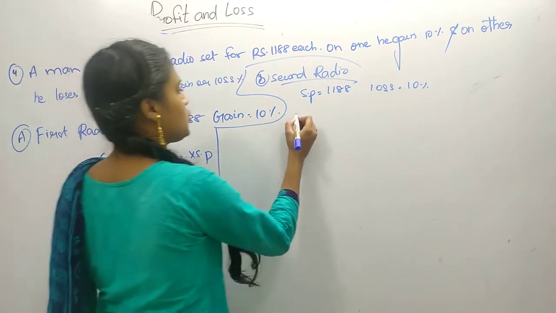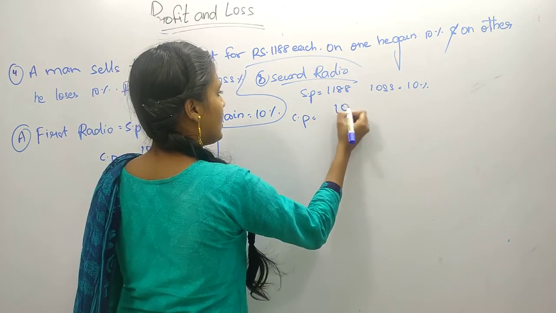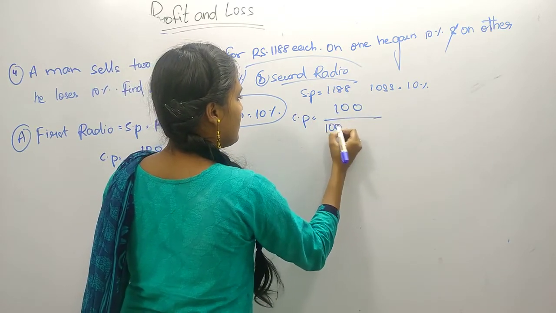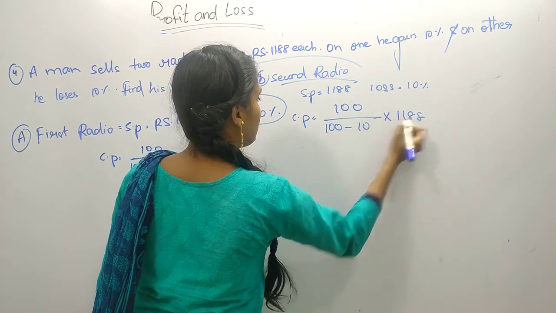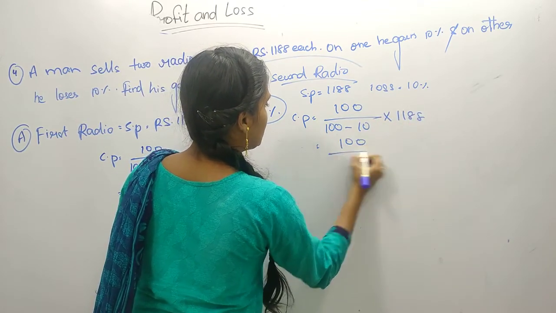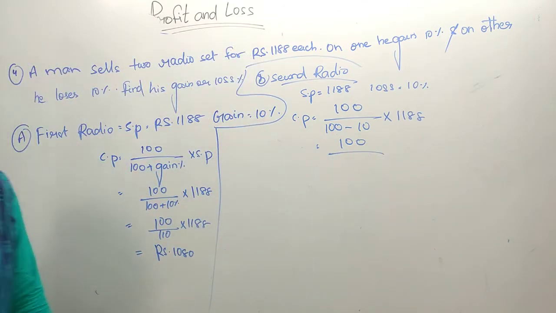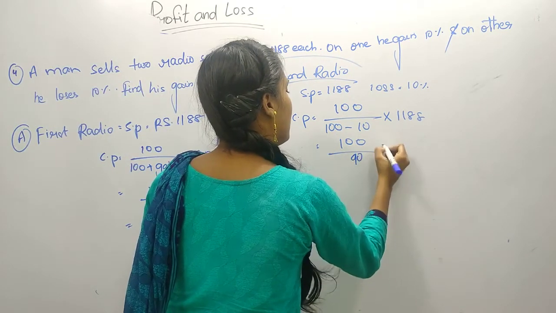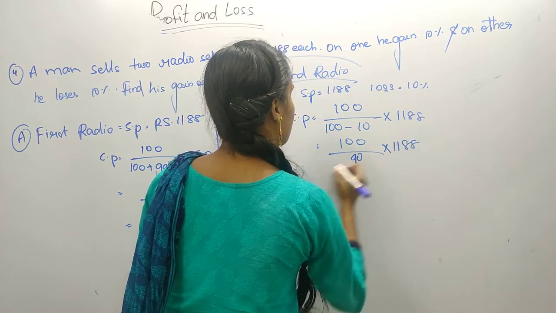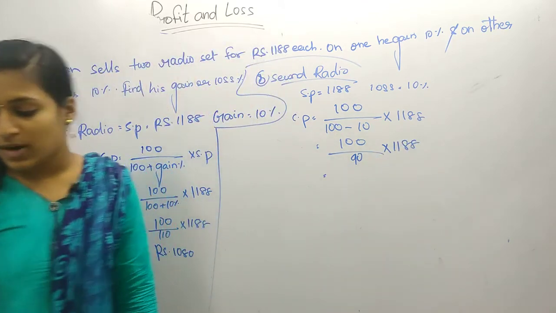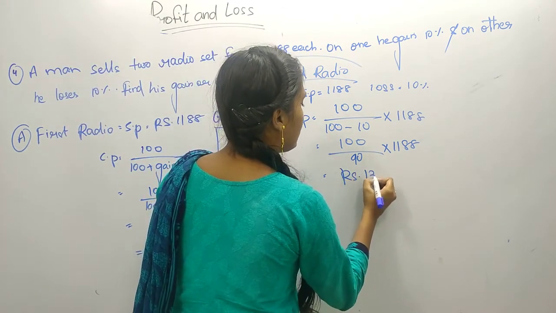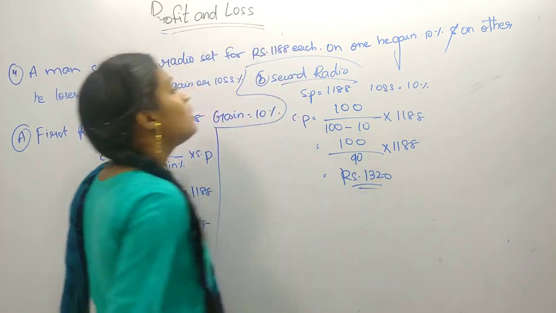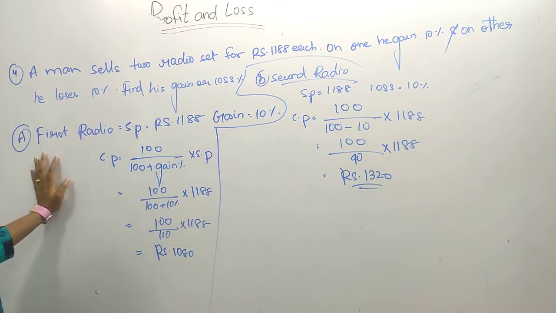Cost price is equals to 100 by 100 minus 10 into 1188, that is 100 by 90 into 1188. By solving all this, what the answer will get? Rupees 1320.